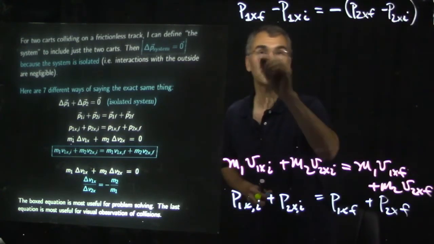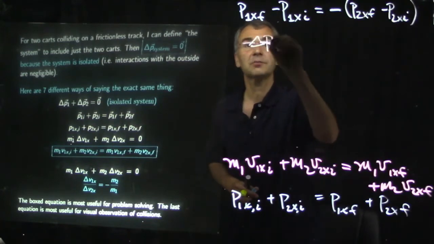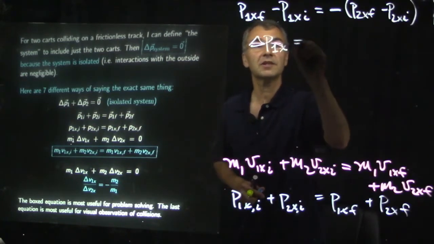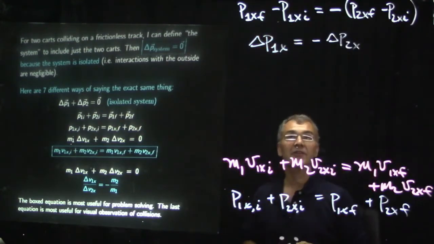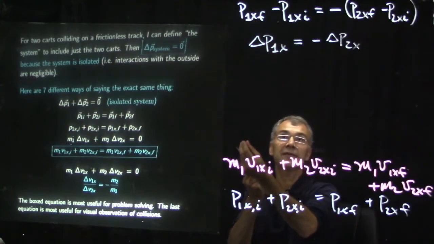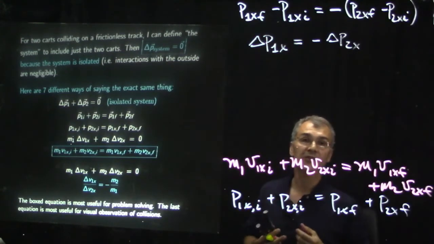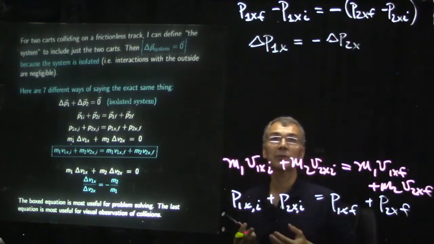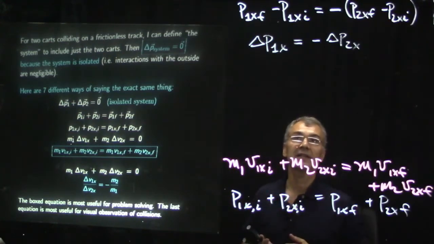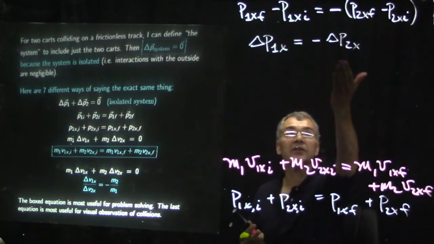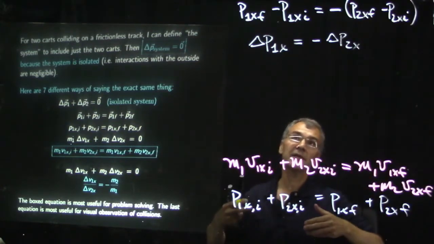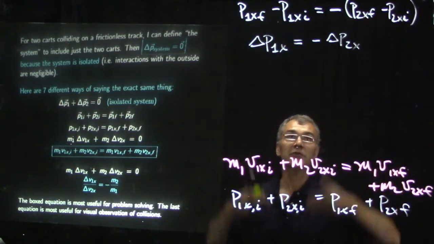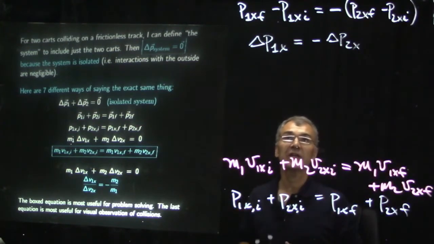So that's the same thing as saying delta P1x equals minus delta P2x. That's saying if object 1 gains momentum, then object 2 must lose the exact same momentum. If object 1 loses momentum, object 2 must gain that same amount of momentum, so that the change in one momentum is the opposite of the change of the other momentum. In other words, the sum of the two momenta has to be unchanged.